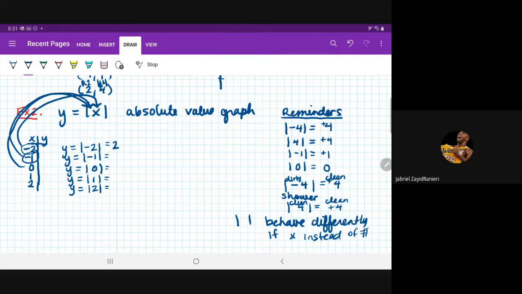Okay, Zyla, can you tell me what the absolute value of -1 is? Oh, okay. So Zyla, can you do the next one for me?